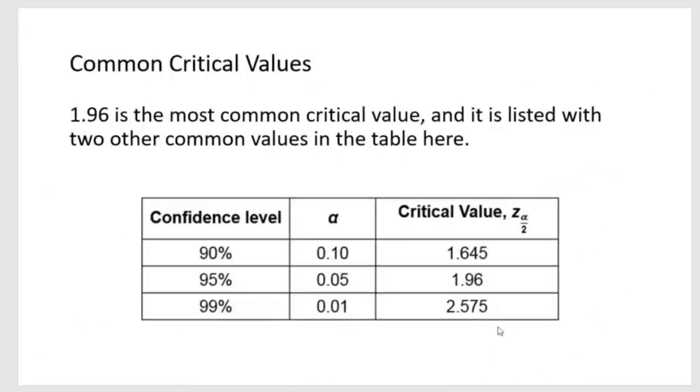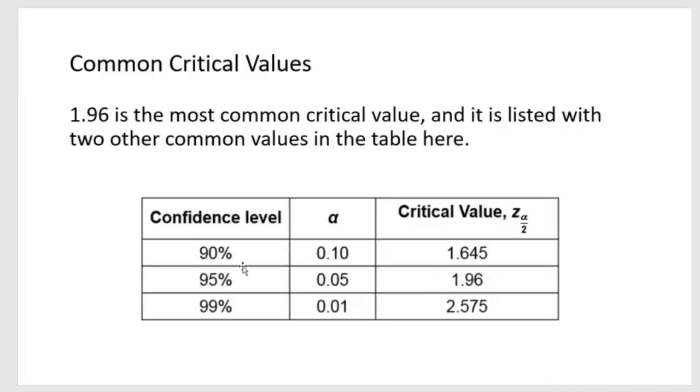Now, there are some that come up a lot. So here's another summary. I definitely write these things down. This is going to save you some time so you won't have to do it over and over, since these are the three most common confidence intervals and the corresponding alphas. Every single time you put a confidence level of 95% in the calculator, it's going to give you that 1.96.